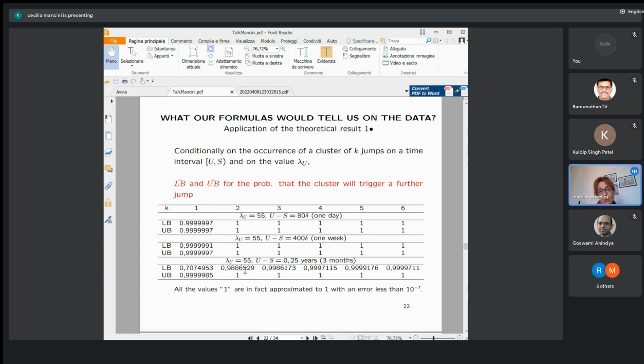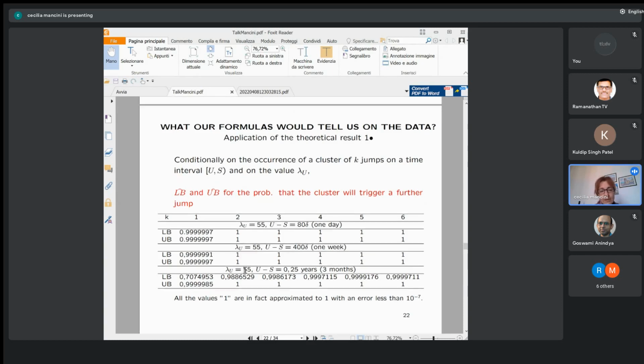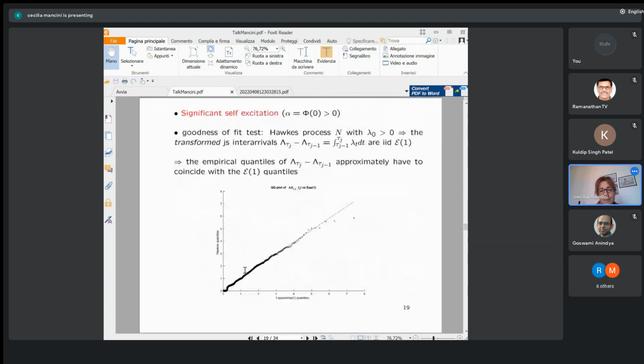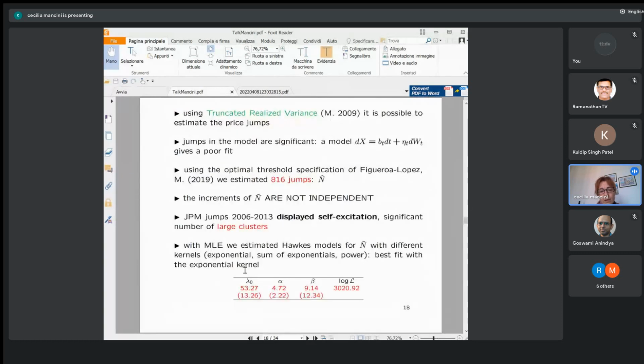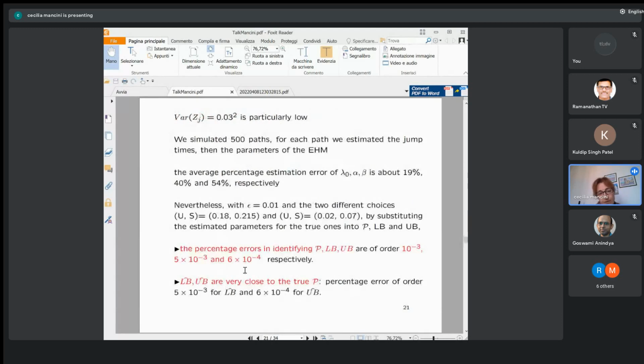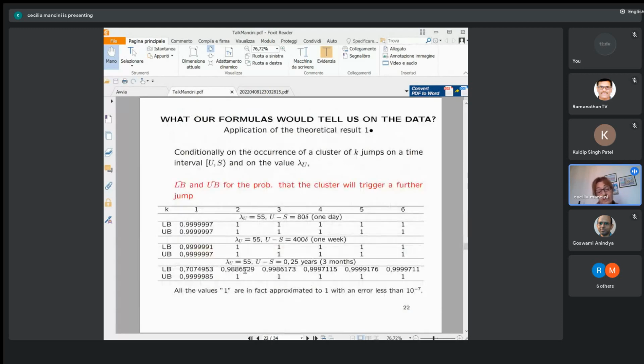So our beta is quite small, so the persistency is high. Our beta is 9. It delivers a persistent jump process.